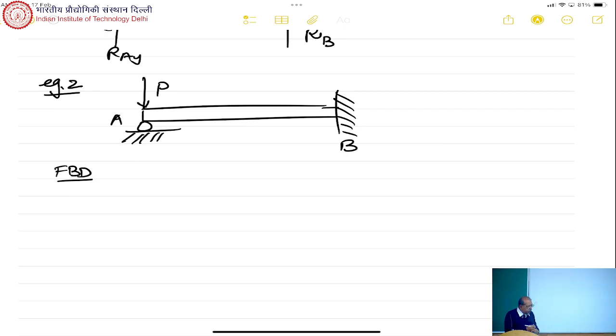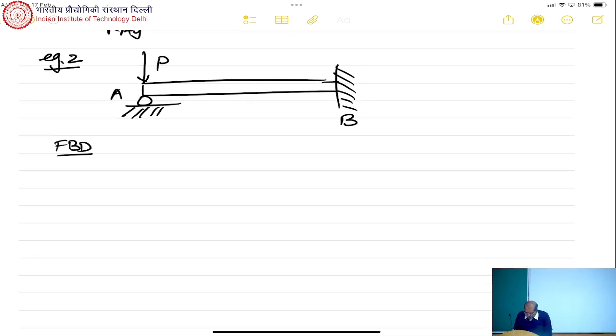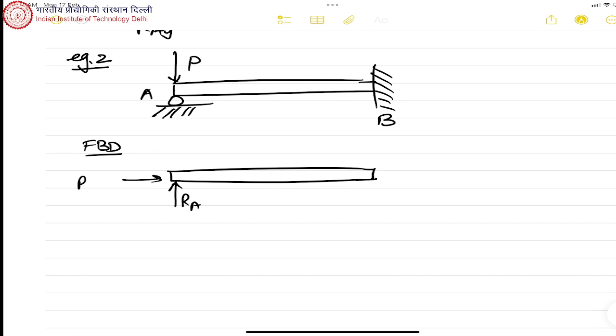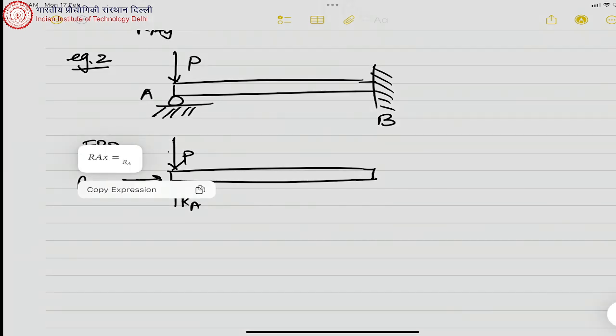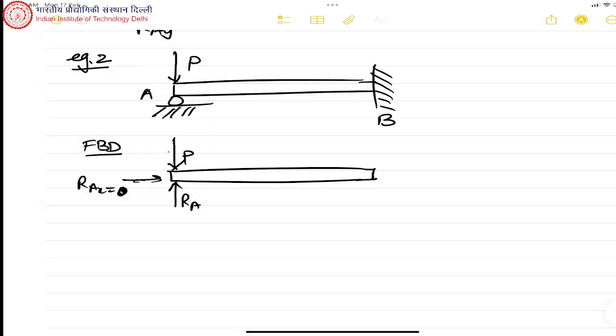So let's draw the free body diagram of this beam. This is a roller support, so RAX is 0.